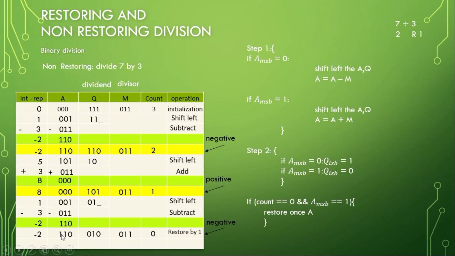So if the most significant bit of A, when the count is 0, is not a 0 here, we are going to restore the value of A. So now we are going to restore. When we restore it to our shift value like so there, and then we just bring everything down like that. So now we see that our value becomes what we wanted.